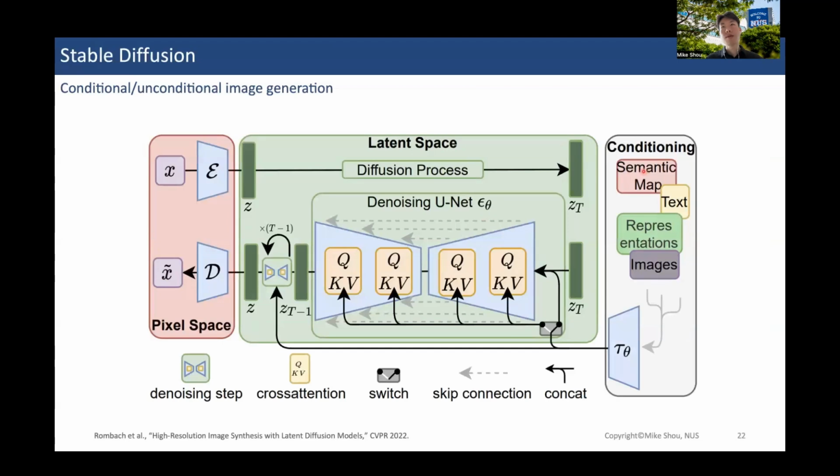And for Stable Diffusion, they would be able to use a lot of different conditions, not only the text description like a cat, but also conditions like an image. These are useful for cases where we want to do inpainting or editing, or it could be a semantic map, and then they can generate a realistic image for a given semantic map.